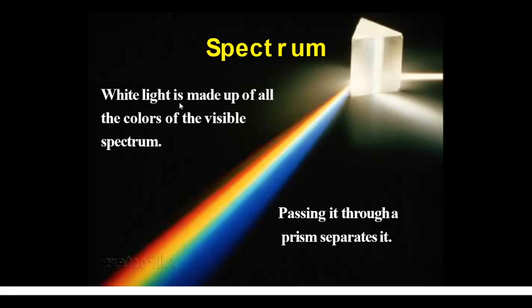So when white light, which is made up of all the colors of the visible spectrum, is passed through a prism, all the colors get separated.